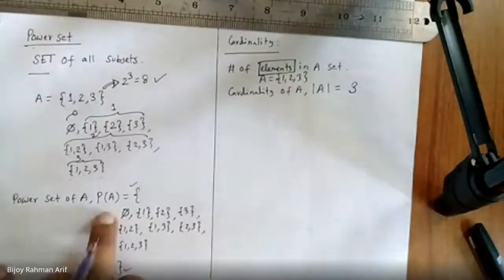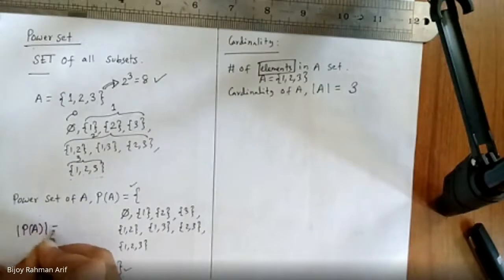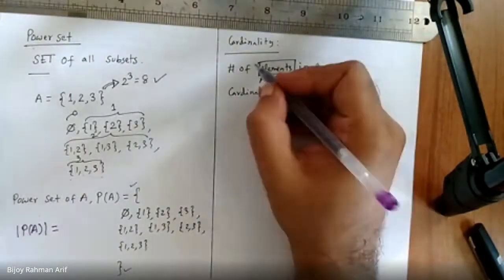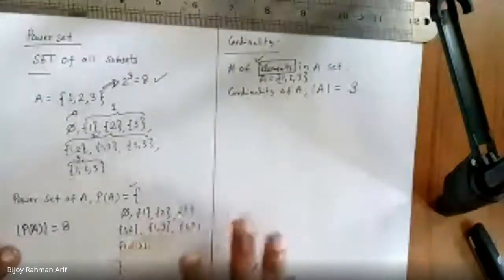Now, what is the cardinality of this power set? Remember, number of elements. Sir, number of elements in 8.